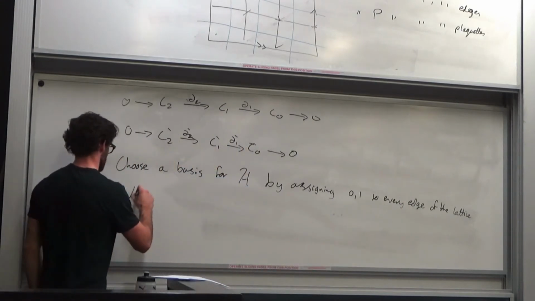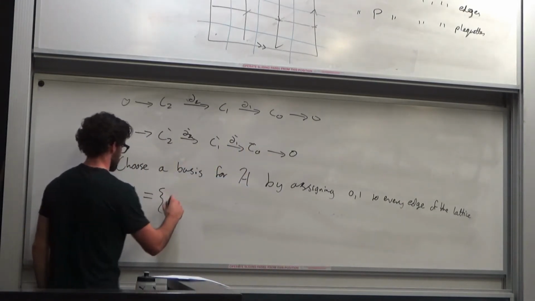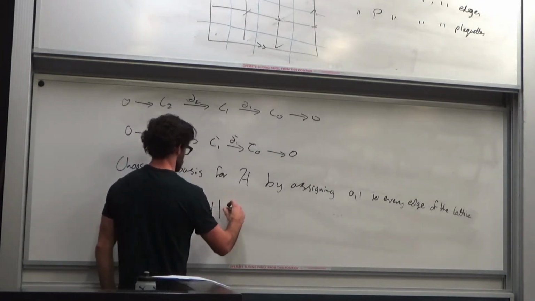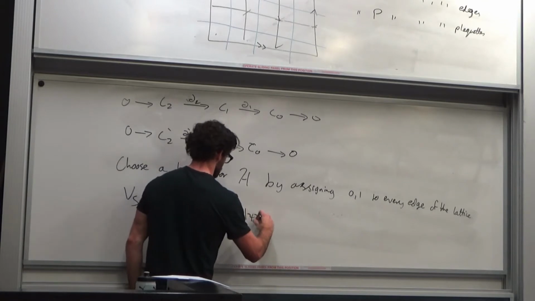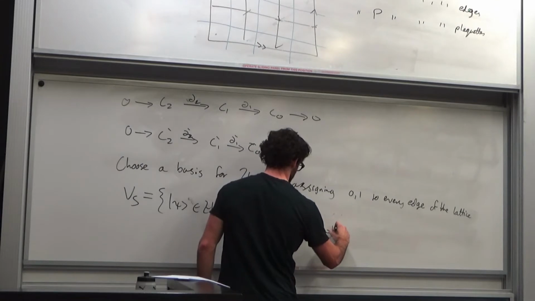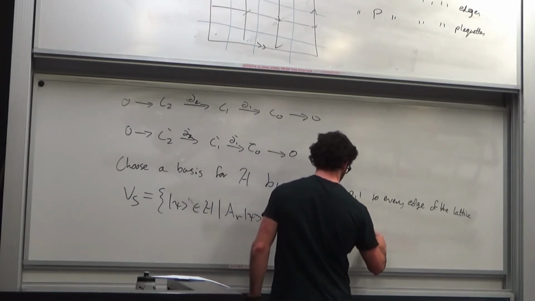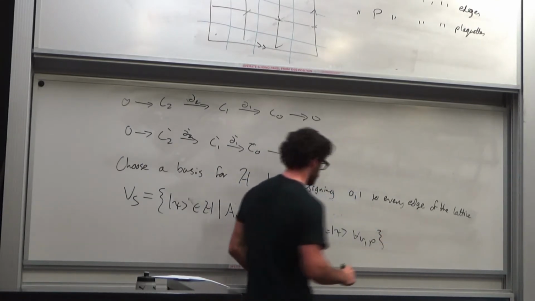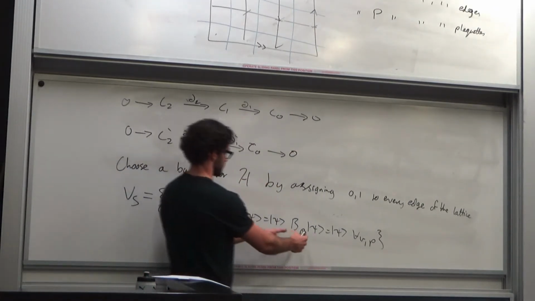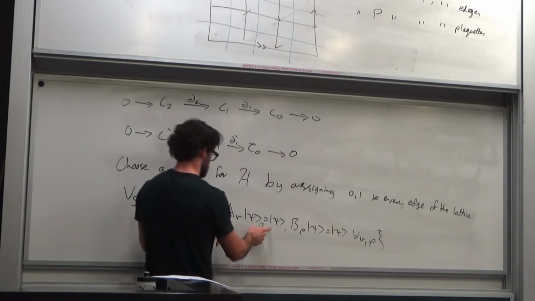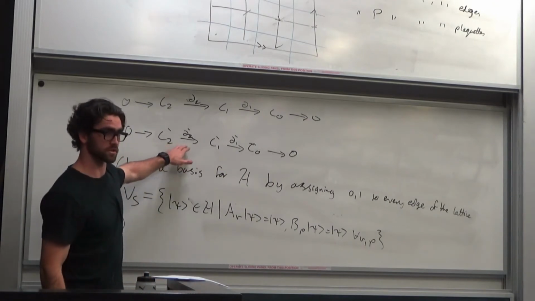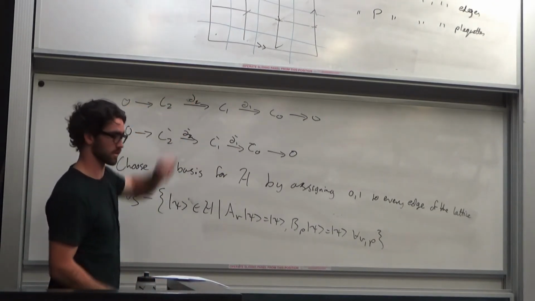We can write VS as the set of all vectors psi in the big Hilbert space such that AV psi equals psi and BP psi equals psi. We're going to do this one by one: look at vectors that satisfy this, and then the vectors that satisfy that. To look at this one, we're going to have to talk about the chain complex for the dual graph.